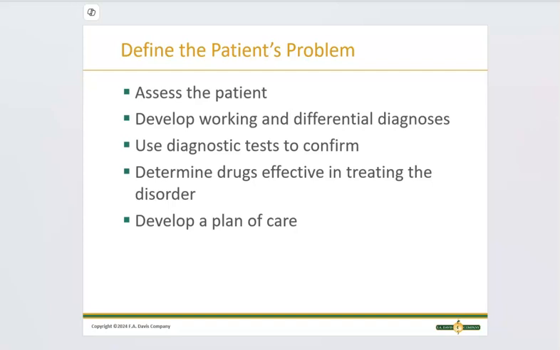That is when you're going to learn how to put together all of these factors. You're going to be able to assess the patient and start to develop a working differential diagnosis. You'll be able to figure out how to use the diagnostic testing to confirm your diagnosis, and then figure out how to determine the drugs that are going to be effective in treating that disorder, and that will lead you to develop your plan of care.